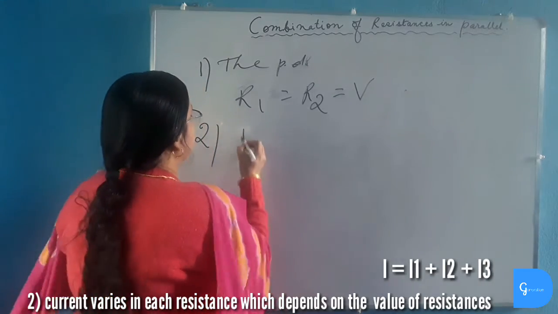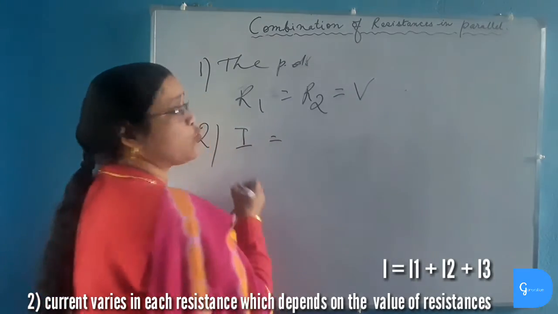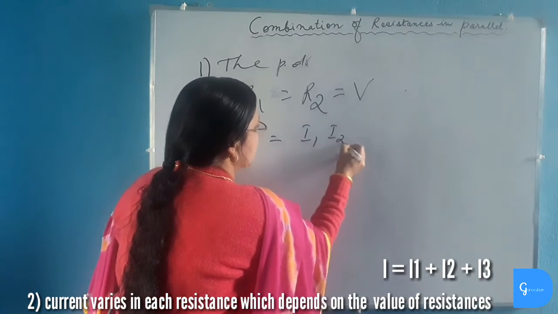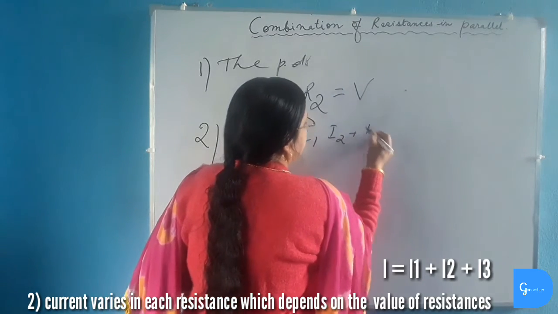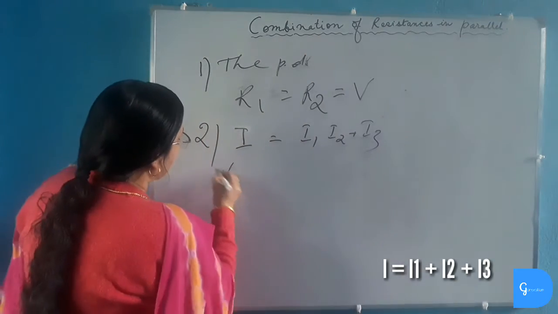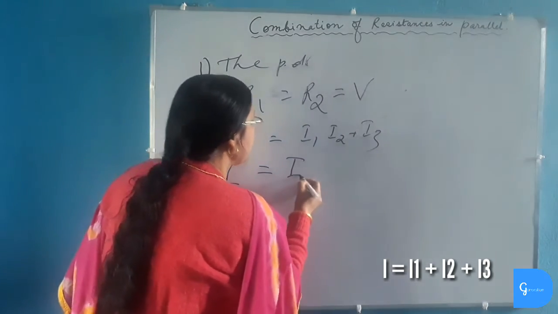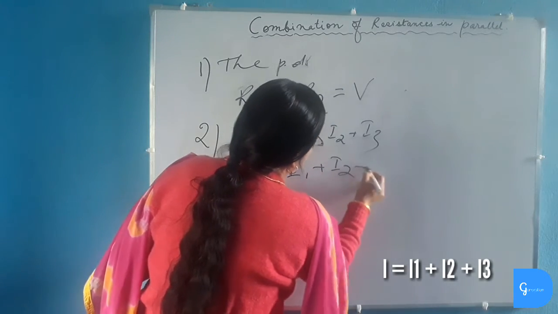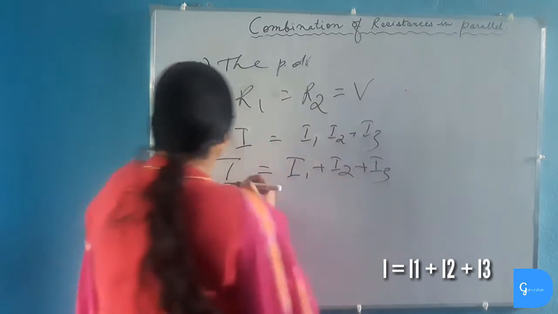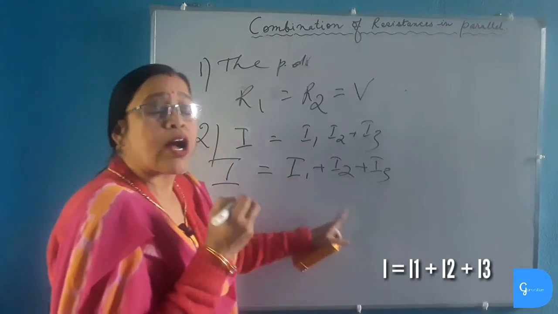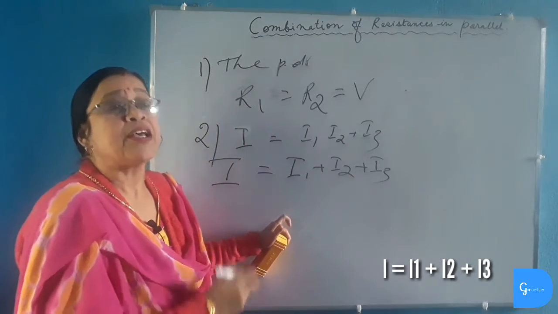Suppose I is the current flowing through the circuit and current flowing through each individual resistance is I1, I2, I3 and so on. Then the total current flowing through the circuit in parallel combination will be equal to the sum of the current flowing through each individual resistance. That is, I will be equal to I1 plus I2 plus I3. So current flowing in parallel combination of resistance changes.